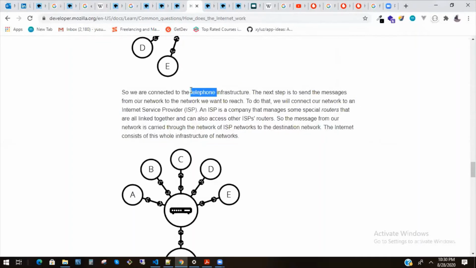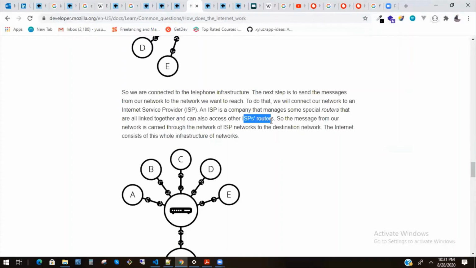When you send a message from our network to the network we want to reach, our internet service provider ensures that some special routers connect to other ISP routers. So let's say I'm using MTN as my ISP. MTN ensures that my request goes from their router to where it needs to go.